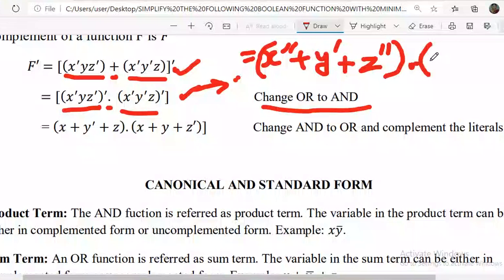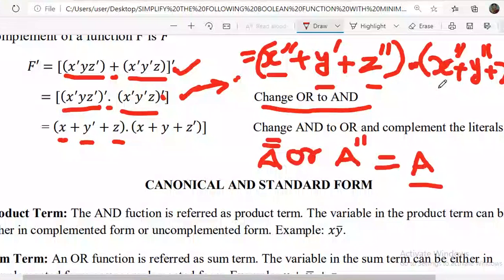Using this theorem, x double dash will become x, y dash I write as such, z double dash becomes z. X double dash will become x, because the double inversion will be cancelled. Y double dash will become y, because the double inversion will be cancelled. Then a dash.